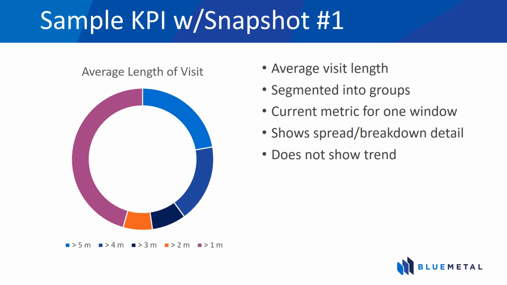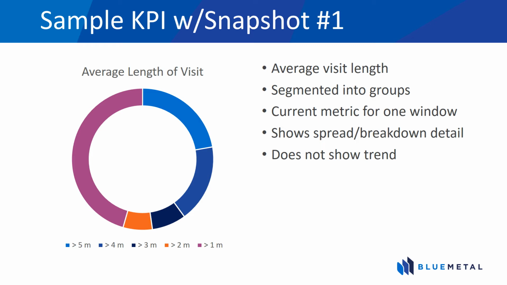These next two examples are presented in two different ways. So I've got two examples in a set of two methods of presenting them. The first one is simpler visually, and the other one has more context, and they provide some data in a snapshot for one particular window of time. So here the example is the average length of the visit, and we're segmenting them into groups of more than 5 minutes down to the 0 to 1 minute range.